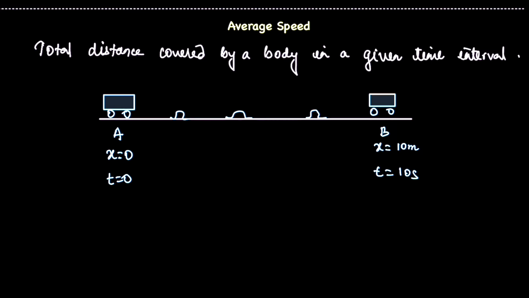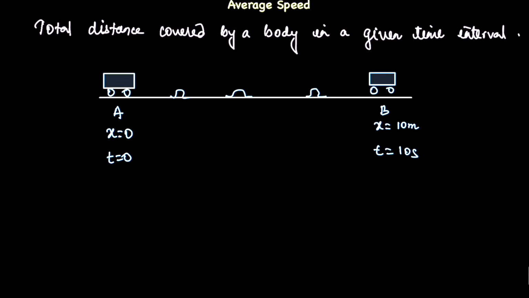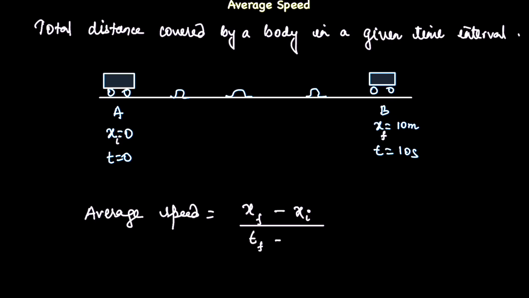So here, if we have to find the average speed, we can write average speed is equal to final distance minus initial distance divided by final time minus initial time. It can be written as x2 minus x1 divided by t2 minus t1, or it is also written as delta x by delta t.